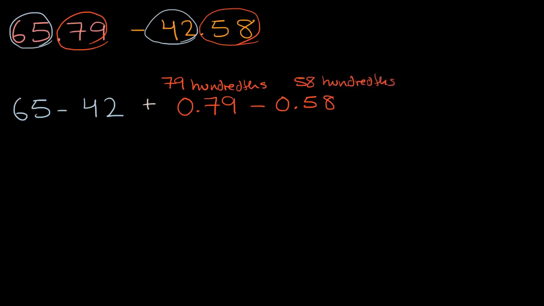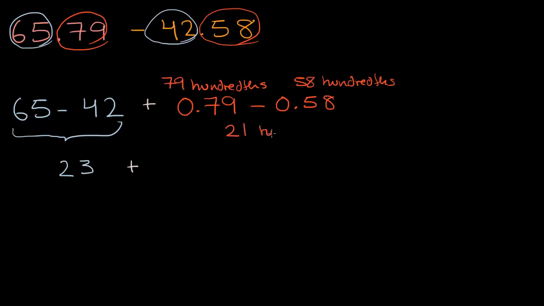And so 65 minus 42: 5 minus 2 on the ones, we're going to get 3, and then 60 minus 40 is equal to 20. So we have 23 plus, now, 79 hundredths minus 58 hundredths. 70 minus 50 is 20, and 9 minus 8 is 1.